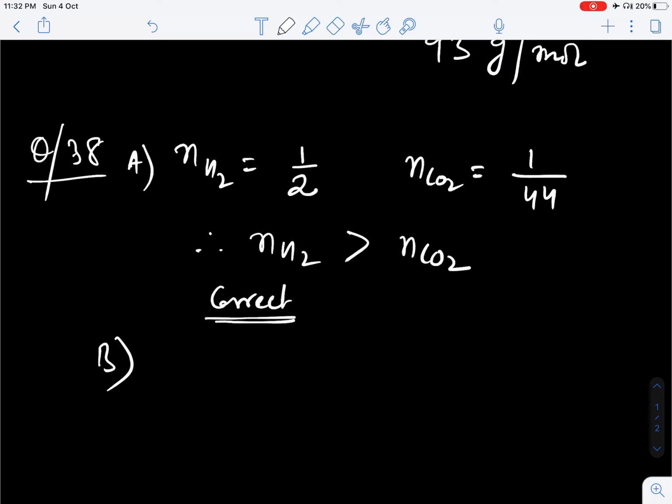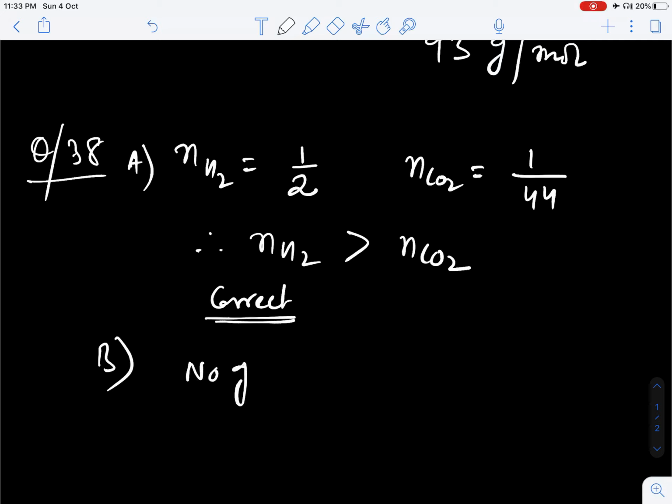B. The number of atoms in 1 gram of an element is not equal to the number of atoms in 1 gram atom. 1 gram atom is different and 1 gram of an element is different. 1 gram atom is 1 mole, right?